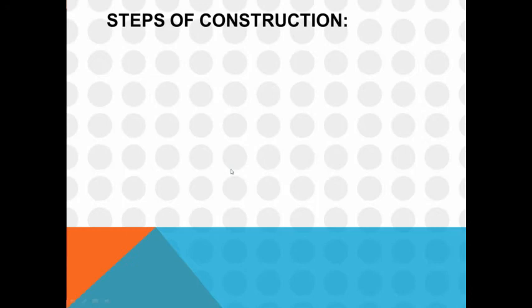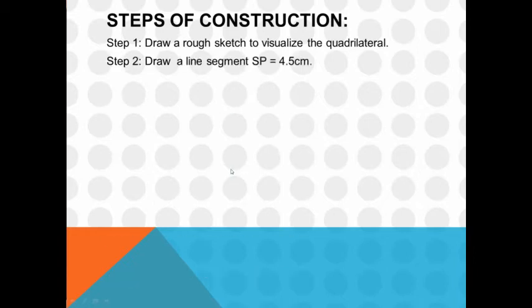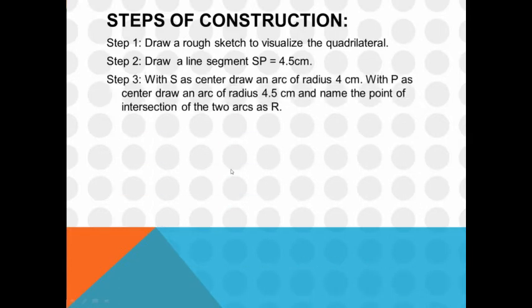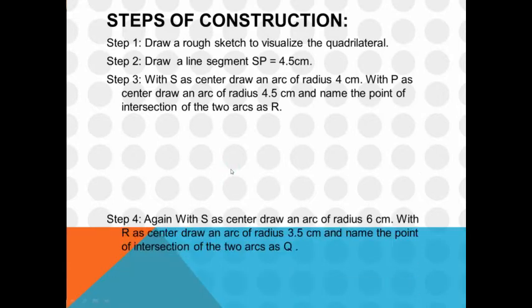Now see how we can write the steps of construction. Step 1: draw a rough sketch to visualize the quadrilateral. Draw a line segment SP equal to 4.5 centimeter. With S as center, draw an arc of radius 4 centimeter. With P as center, draw an arc of radius 4.5 centimeter and name the point of intersection of the two arcs as R. So in this way we have constructed one triangle.